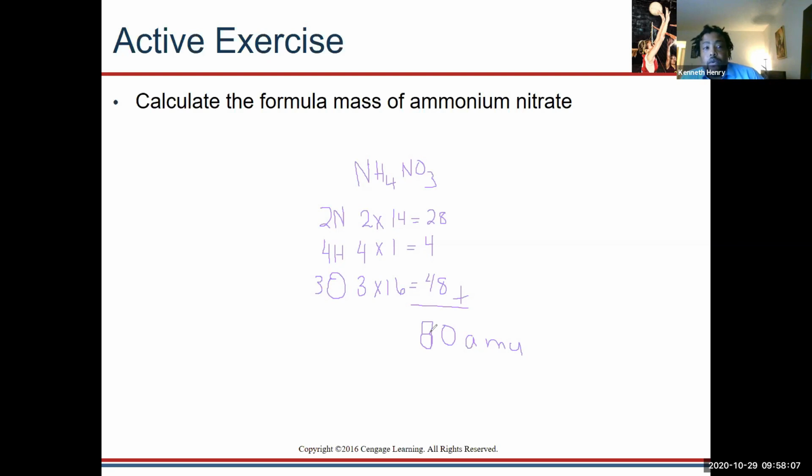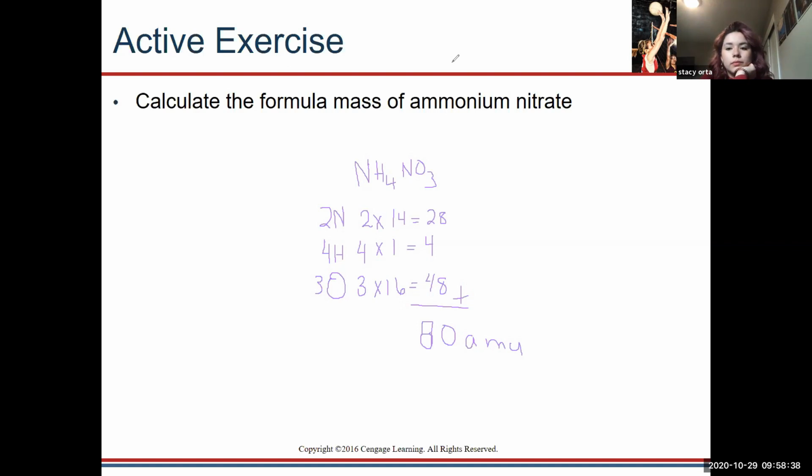Okay, so in this context, pretty simple. All you're doing is adding up everything, right? Not too hard? Okay, good. So let me introduce you to some more terminology now. So you guys know the difference between molecular mass and formula mass? You understand what a formula unit is? Can you go over molecular mass again? Sure.